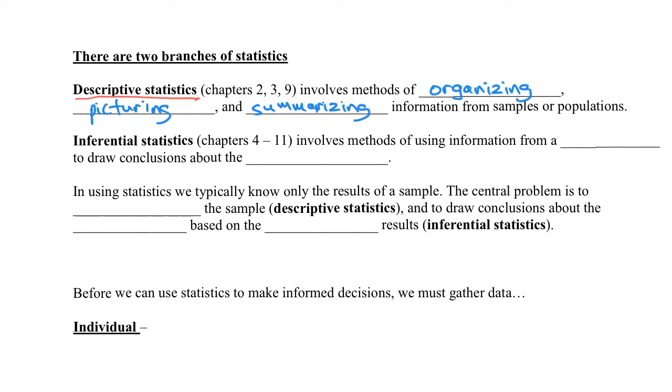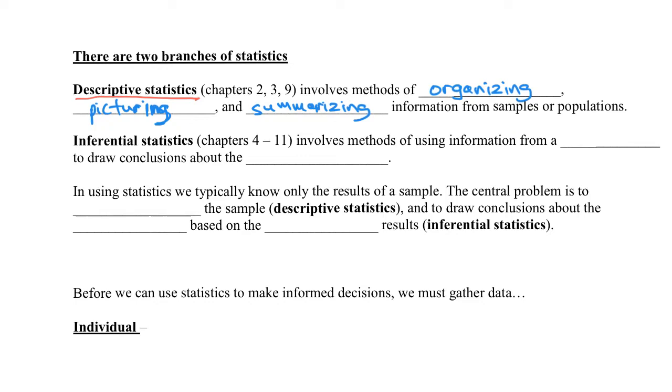And descriptive statistics is definitely easier. To me, it seems less interesting, but it's making graphs and charts, talking about mean, median, and mode. And it's easier to do, so it's typically covered first in the stats class.